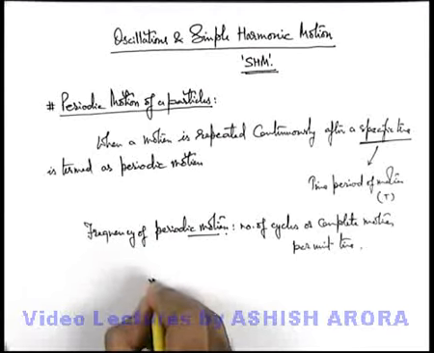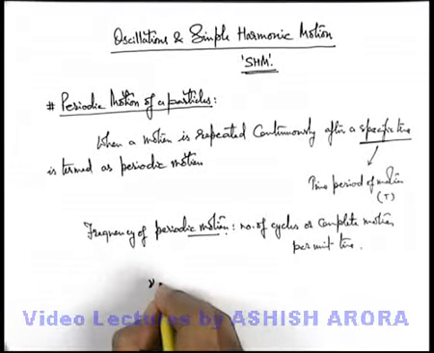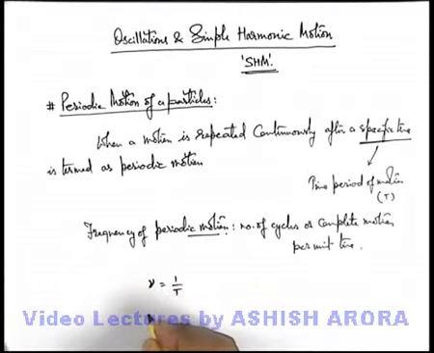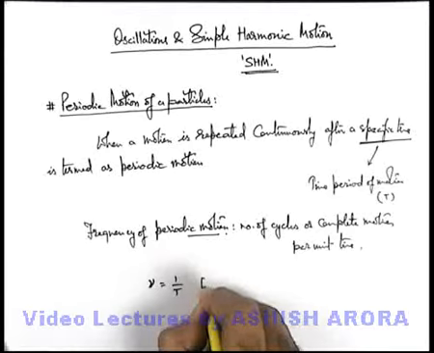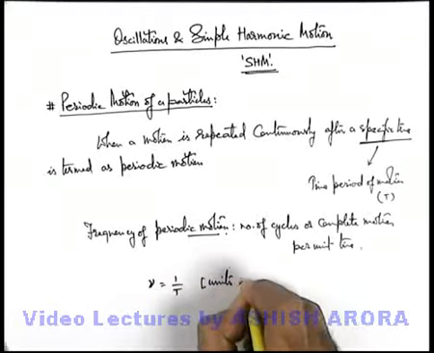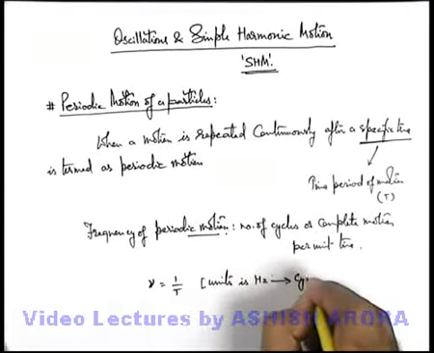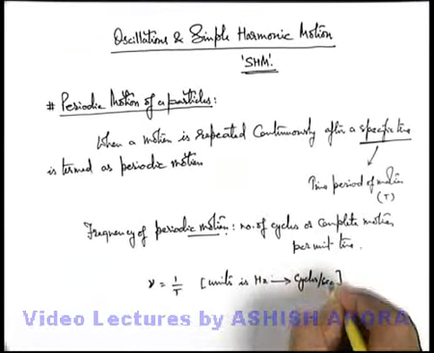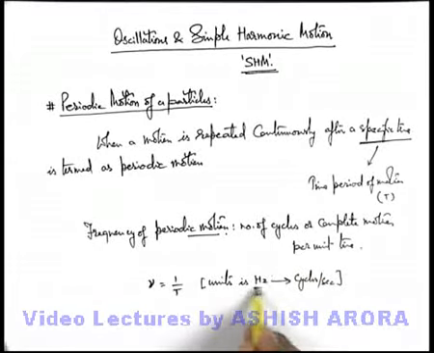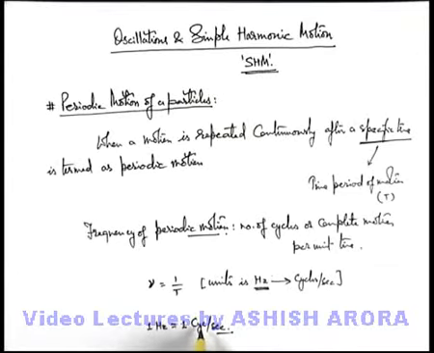It is denoted by the Greek symbol nu, which is given as the reciprocal of the period of motion, and its unit is hertz. Hertz is basically the number of cycles per second. 1 cycle per second is termed as 1 hertz. So you can also write 1 hertz equals 1 cycle per second. So the number of cycles the particle is repeating per unit time is defined as the frequency of periodic motion.